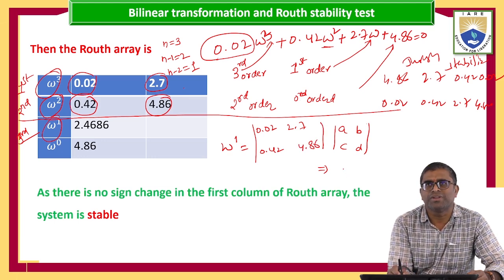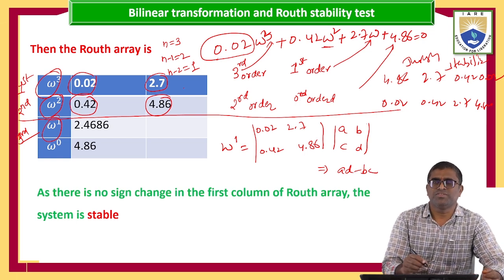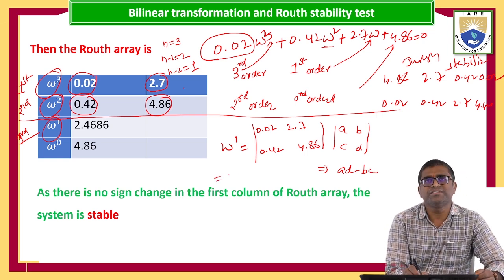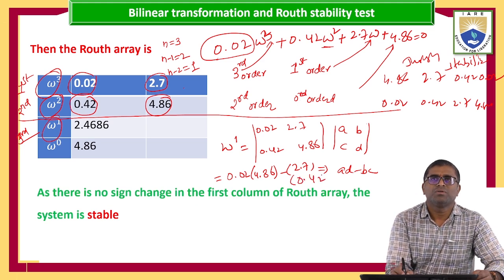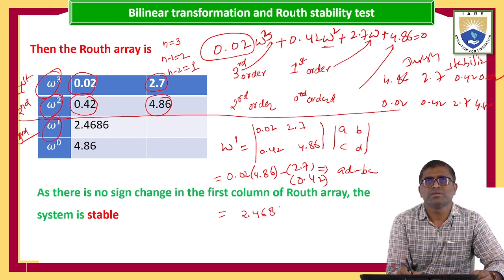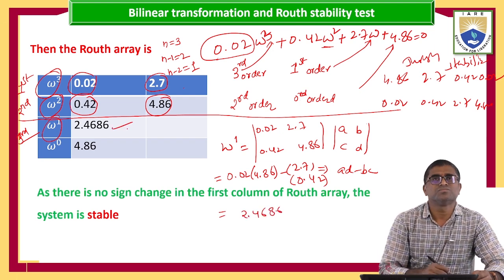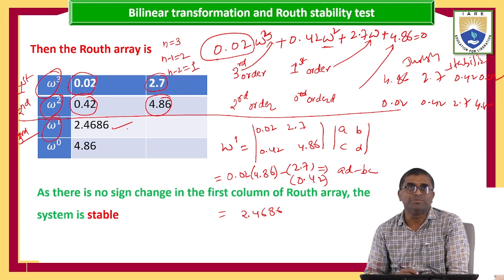The magnitude of this is AD minus BC. So 0.02 into 4.86, minus 2.7 into 0.42. If you find this value, it is 2.4686. We got it. That is the W1 value.